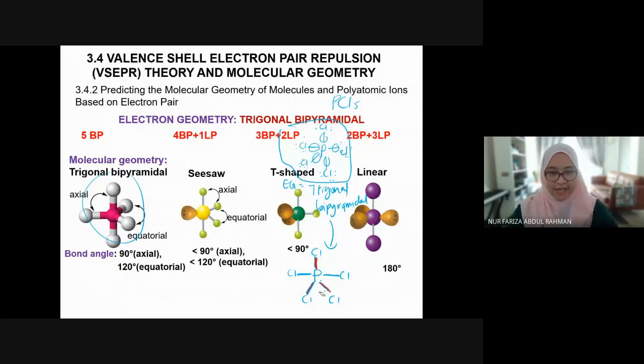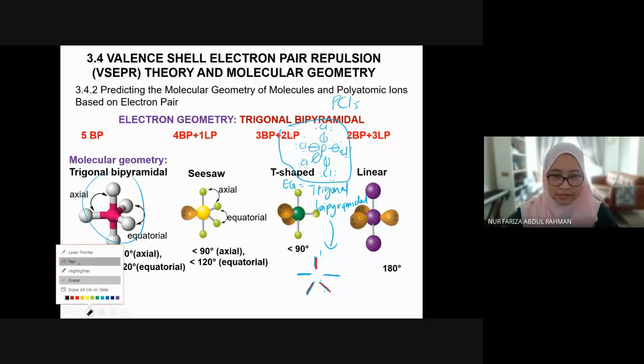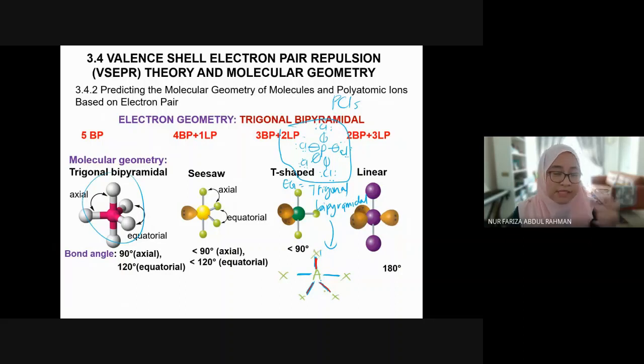Alright, so imagine let's say saya replace this one with A and X lah. Let's make it general. A and X, X, X, X, X. Imagine if we have one lone pair, where should we place the lone pair? Like what we have discussed just now, the lone pair should be placed on the equatorial part.